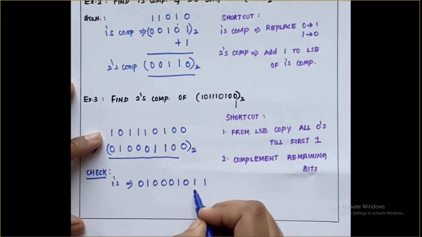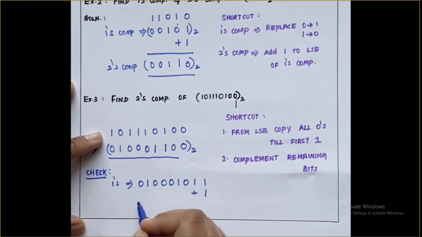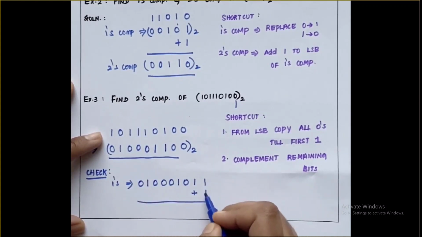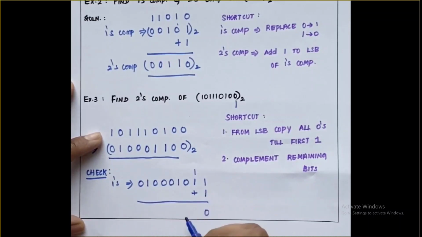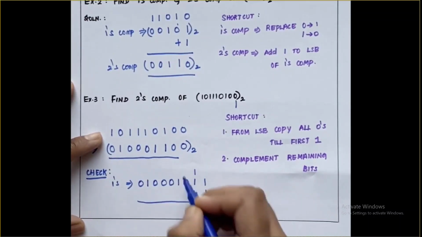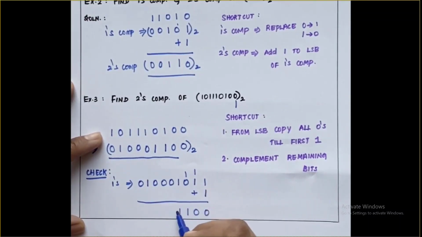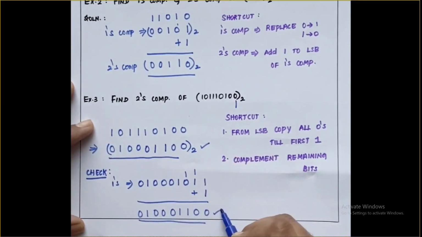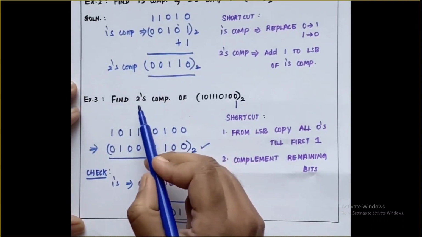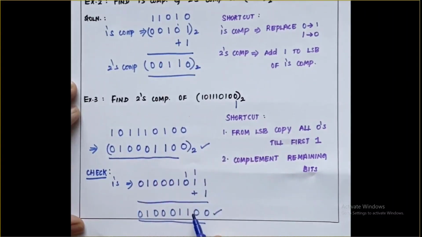So we have to add 1 to the last bit. Adding 1, we get 1 plus 1 is 0, remainder 1, again 1 plus 1 is 0, remainder 1. So 1, 1, 0, 0, 0, 1, 0 (from the right). We have got the same answer with the second shortcut also. This is the procedure to calculate 2's complement using these two different shortcuts.